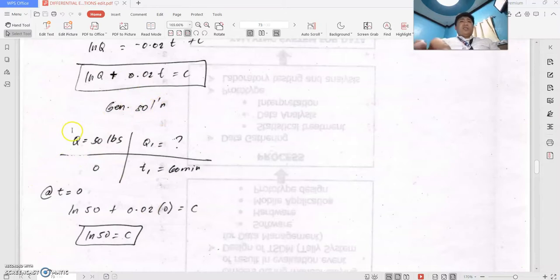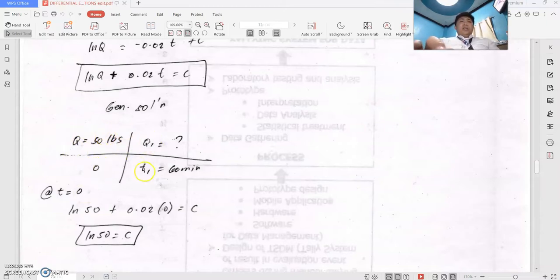Since the condition is we are looking for the salt, so our equation is salt and time, right? So initially we have salt that is dissolved in water, so it becomes a brine solution of 100 gallons. So we have 50 pounds of salt initially dissolved at initial time.